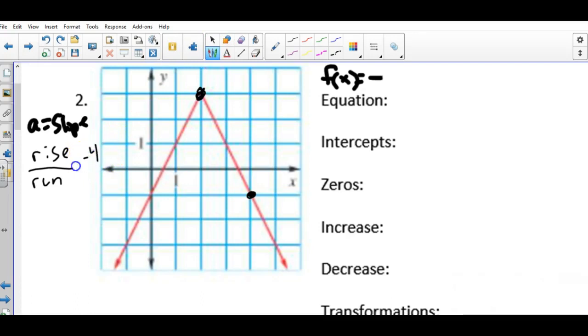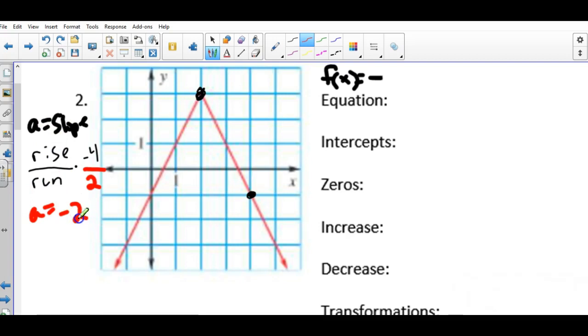And then how far to the right are we going right here? So 1, 2. So -4/2. Now looking at this, we can actually simplify that. Our rise is -4, went down 4, went right 2. We can simplify that. -4/2 is going to give us -2. So our slope, guys, a equals -2.